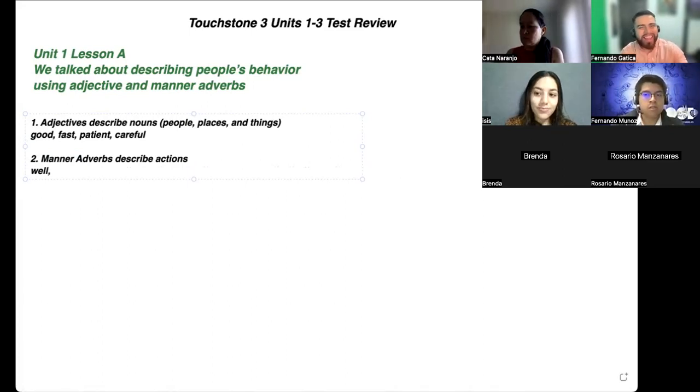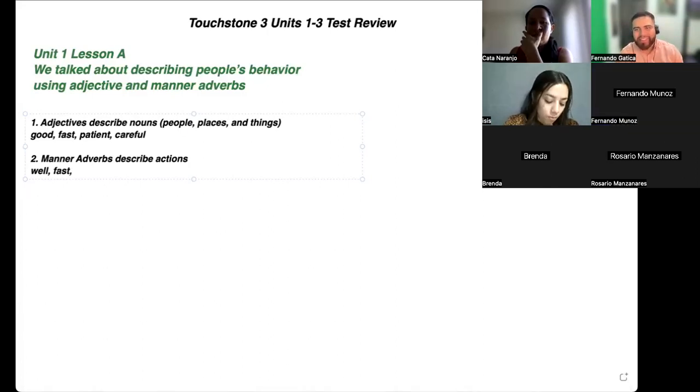And what is the adverb of fast? Fast. Fast doesn't change, right? What about patient? Patiently, right? And careful? Carefully. Exactly.